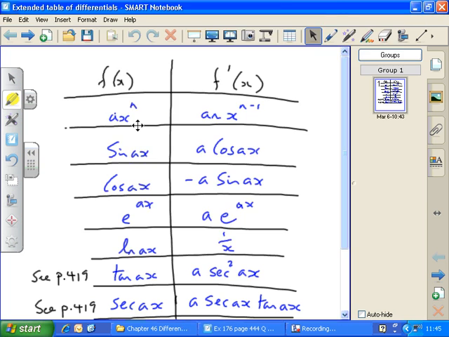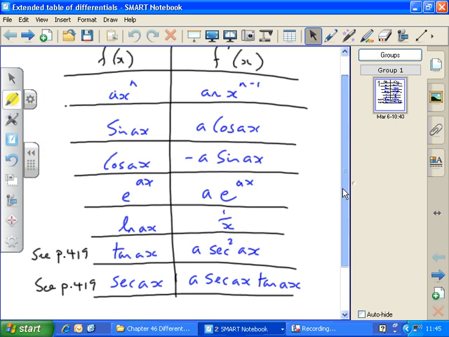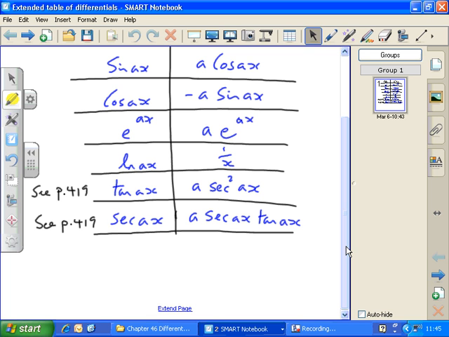Extended table. If you look at this table of differentials, at the bottom here, you've got 2 extra ones, and how they're arrived at is laid out on page 419 of the textbook if you want to have a look. But once they've been worked out, we can just add them to our table of differentials. The differential of tangent of ax is a sec squared ax, and the differential of sec ax is a sec ax tan ax. So you might want to add those to your table, and we're going to use this to complete this problem.